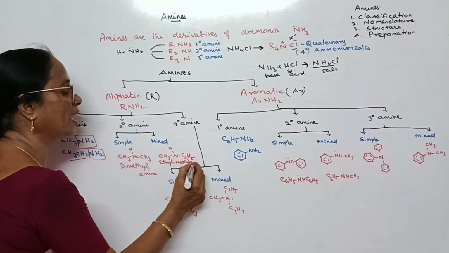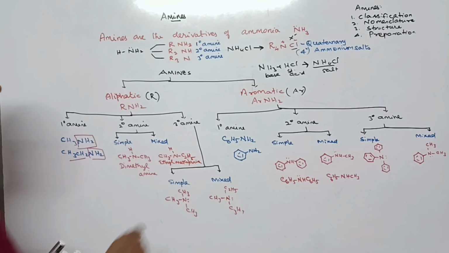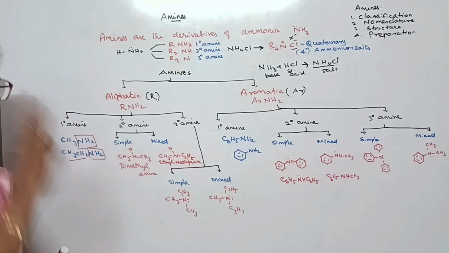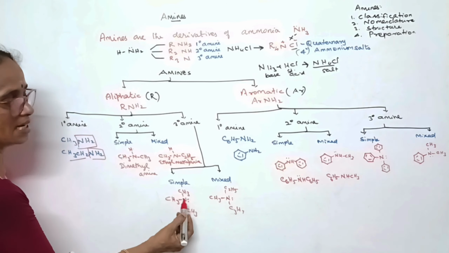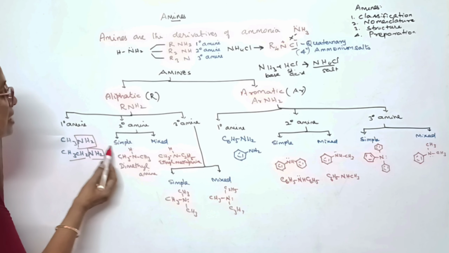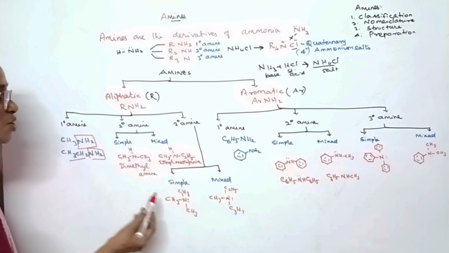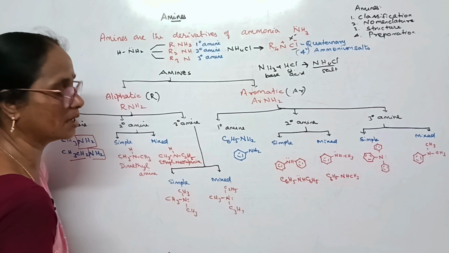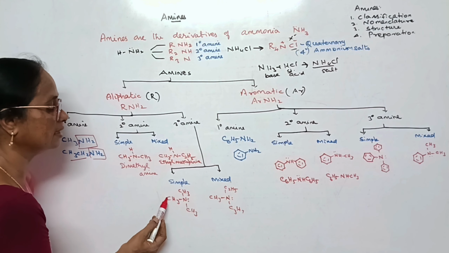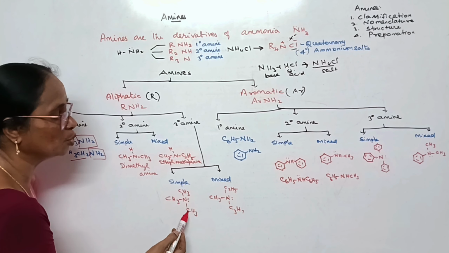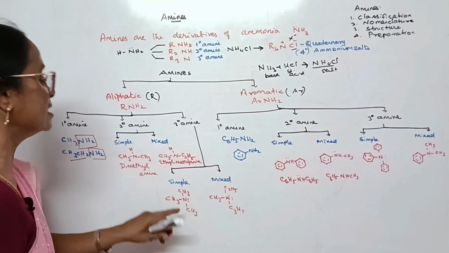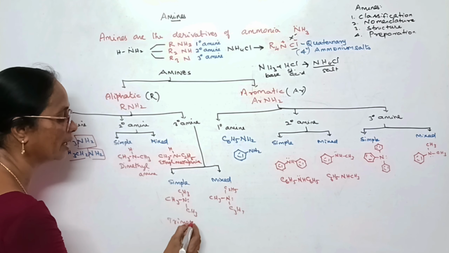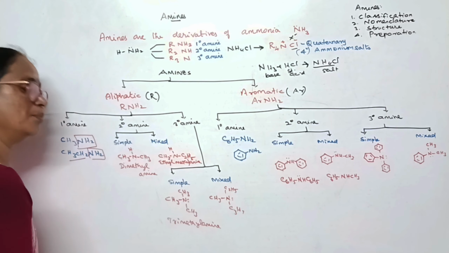Similarly, you can classify tertiary amine as simple and mixed. Tertiary means the functional group should have 3 alkyl groups. So this is the nitrogen, the functional group, and every hydrogen atom is replaced by an alkyl group. So when all the hydrogen atoms of ammonia are replaced by alkyl groups, we get tertiary. So CH3 thrice on N. All the alkyl groups are similar, and hence it is said to be a simple tertiary amine, and the name of the compound is trimethylamine because all of them are methyl groups.